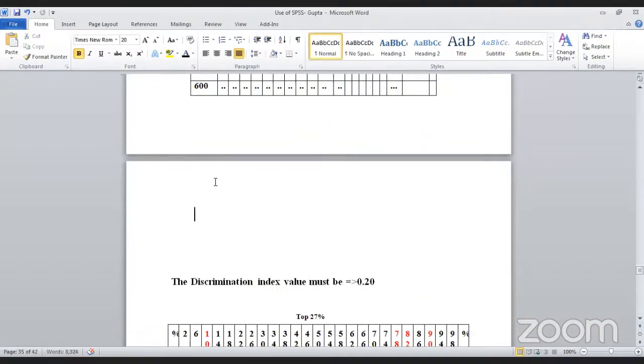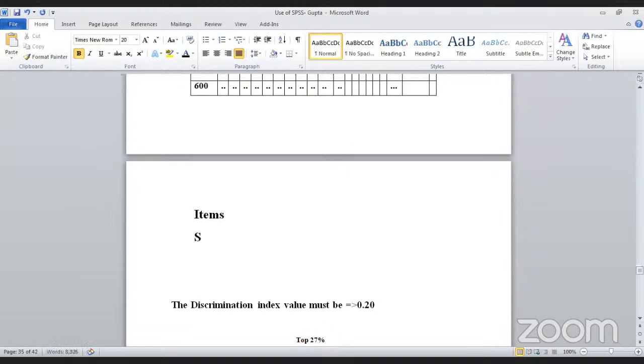Here is your serial number, here are your odd items, and here are your even items.